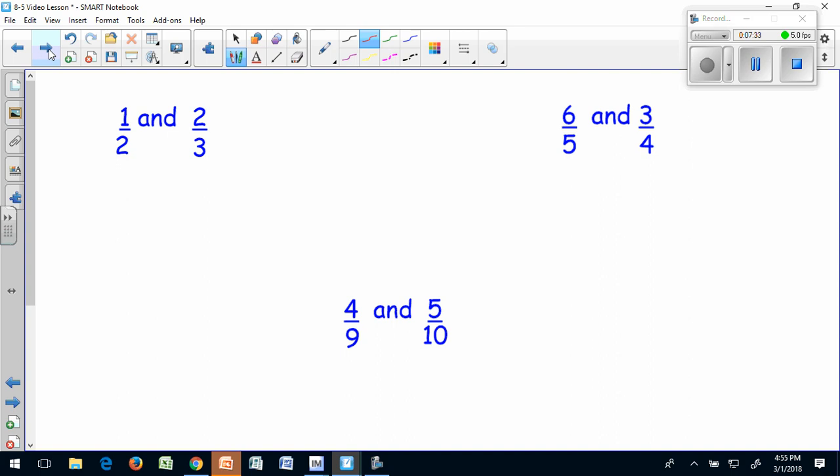Now try these in your notebook on your own and write down how you know which is larger using a benchmark.